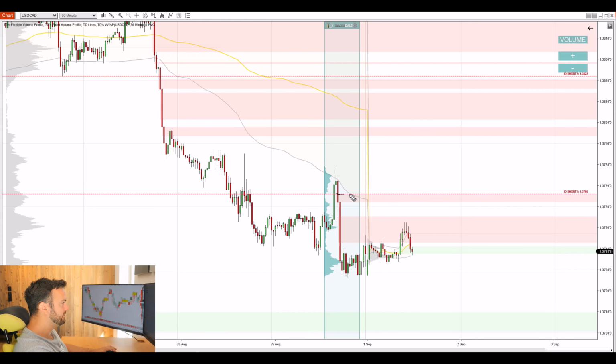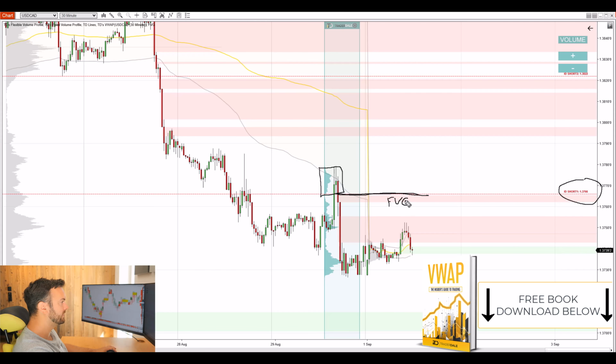The level which I have here is at 1.3765. No, it's 1.3766 actually, and it is the beginning of this whole volume cluster, and also the beginning of a fair value gap, right? This is a bearish fair value gap, and this is the beginning of it. So it nicely aligns with the beginning of that heavy volume zone here.